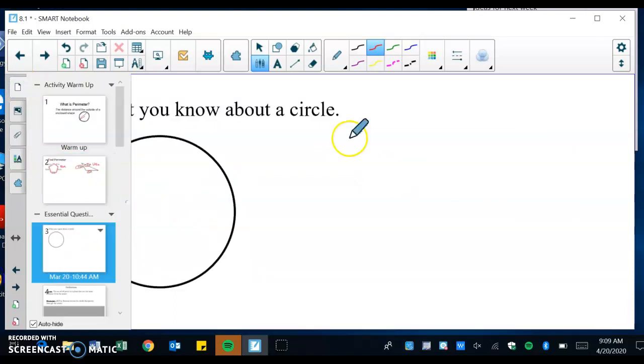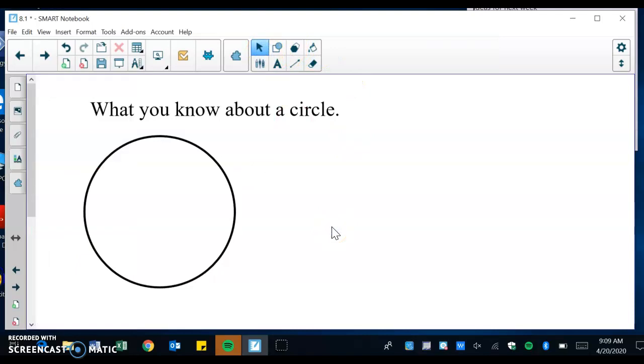So we want to know some things about a circle. What you need to understand is that on the curved line are all points, because a line is made up of little points.